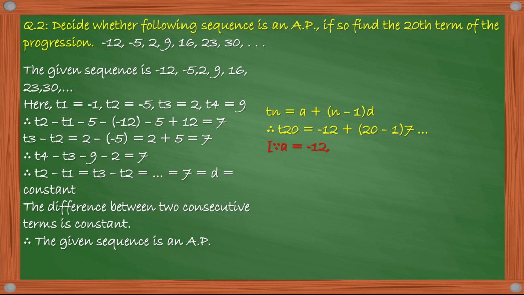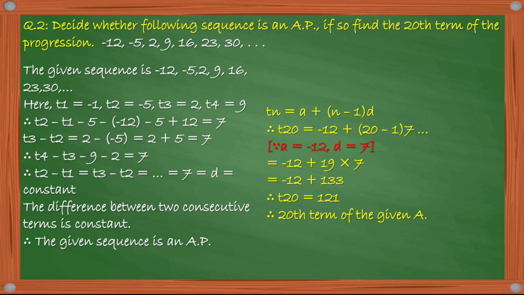We'll simplify the bracket. So 20 minus 1 is 19. Then we'll multiply 19 by 7. We'll get 133. So plus minus is minus, but the sign of the greater number is positive. So 133 minus 12 is 121. So the 20th term of the given AP is 121.